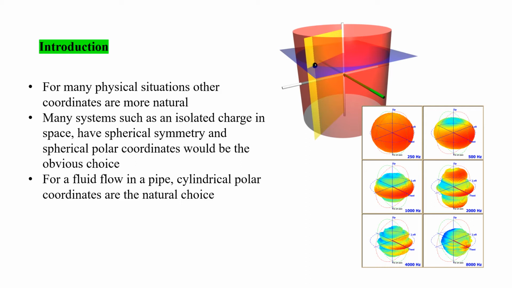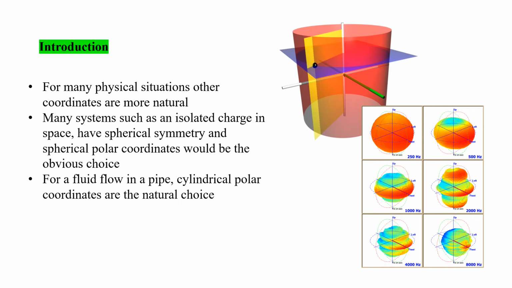But for many physical situations, other coordinates are more natural. For example, many systems, such as an isolated charge in space, have spherical symmetry, and therefore spherical polar coordinates would be the obvious choice. For a fluid flow in a pipe, cylindrical polar coordinates are the natural choice.